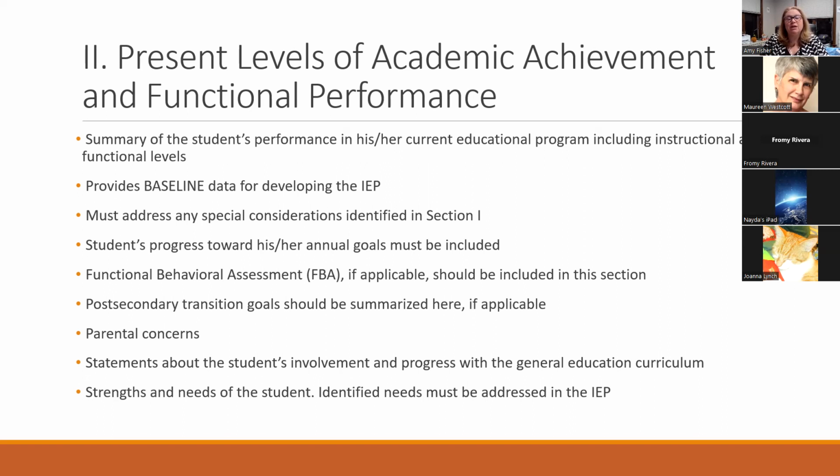It's part of the document. Now, because that was brought up as a parental concern, the IEP team should be saying, well, how can we address that through this IEP to make sure that child is having more opportunities to interact? So ideally, when you bring up that concern, it's supposed to be addressed in the IEP.